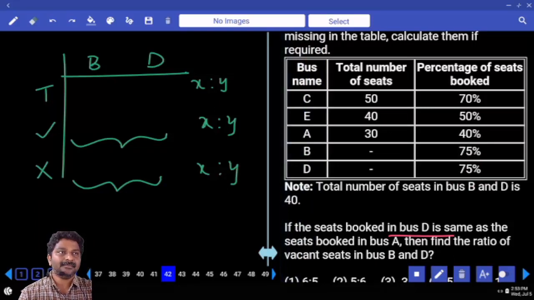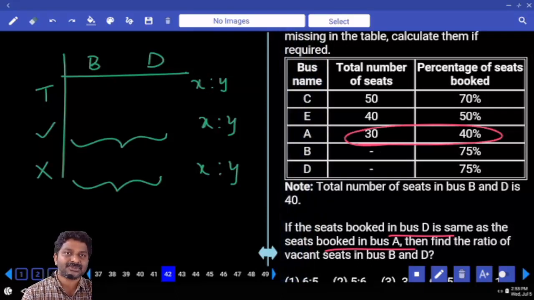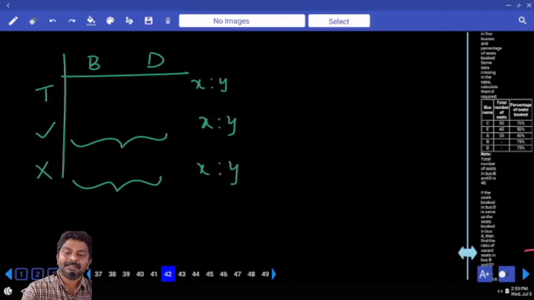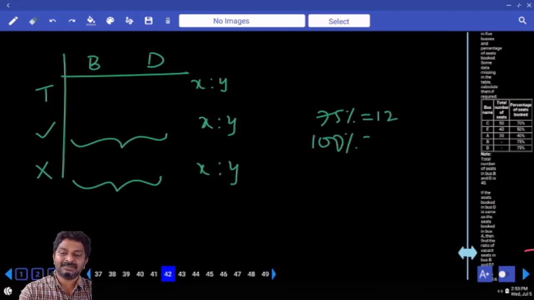In D, the number of seats booked is the same as booked in A. In A, what percent? 40% of 30, which is 12. Correct. That means in D, 75% are booked, which is equal to 12. To get the total, we need to calculate 100%. That means total D is 16 only.